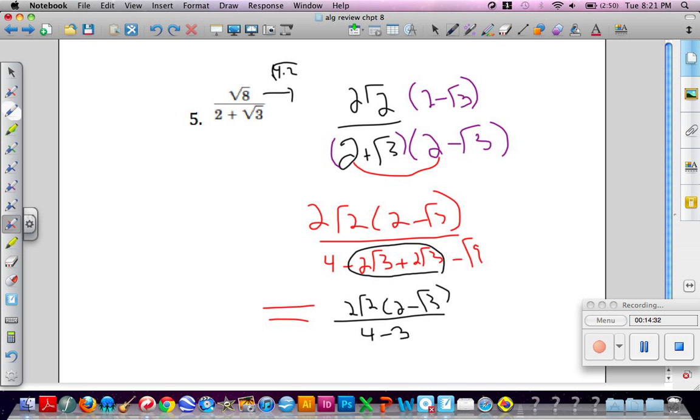I got 1 on the bottom. I'm distributing on the top. 2 times 2 is 4 root 2. Second term is minus 2. You've got a root 2 and a root 3, which gets you a root 6. So we've just reviewed our algebra.